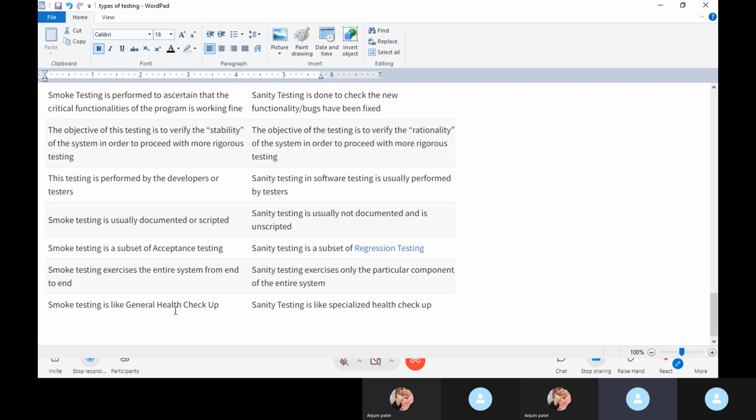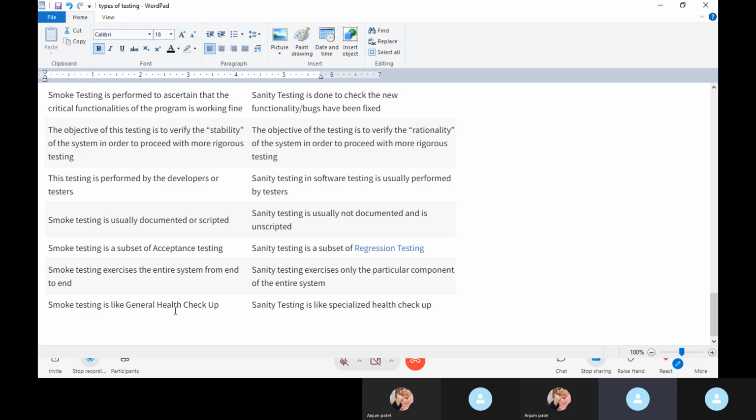So if I tell you the definition, you can say smoke testing is done on the entire system from end to end on a very high level to ensure the critical functionalities of the application are working fine. And sanity testing is a specialized testing where we do this kind of testing only on a particular section of the application to ensure that the requirement of that section is working fine and it is not exhibiting any bug.